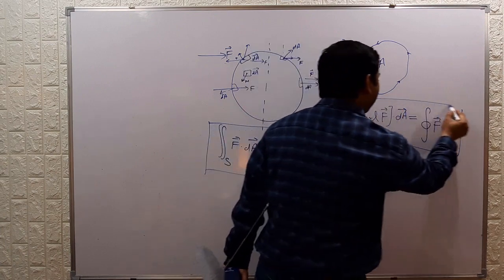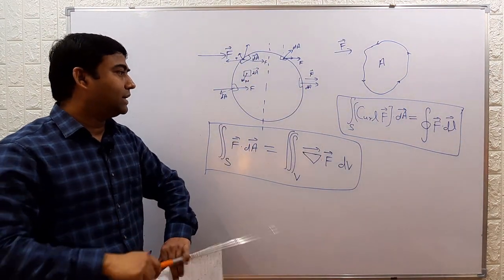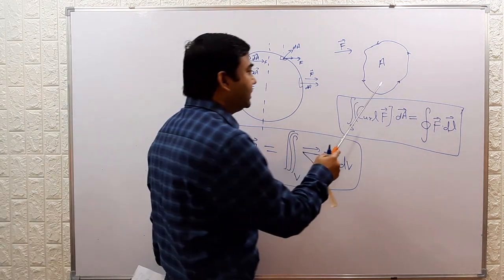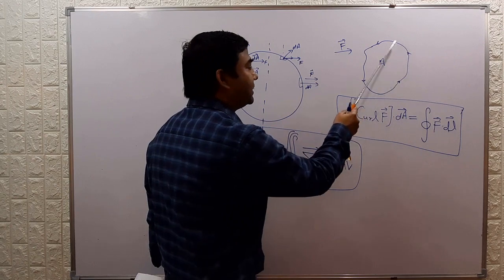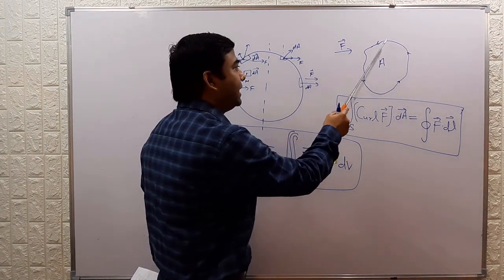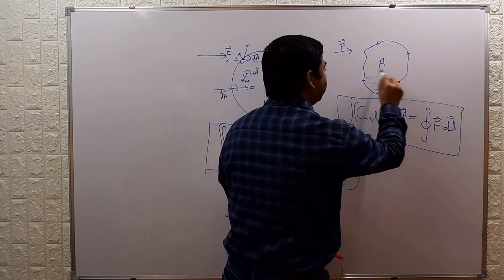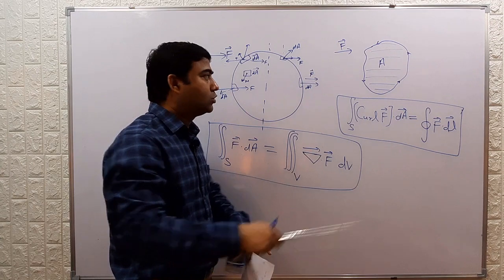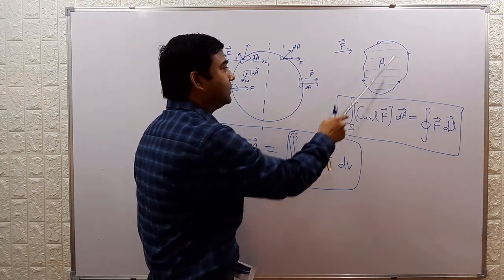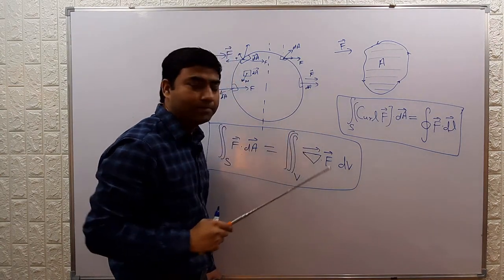That is the statement of Stokes' theorem. Again I will repeat: this is a closed path, and this closed path creates a surface A, and this is the existing vector field.